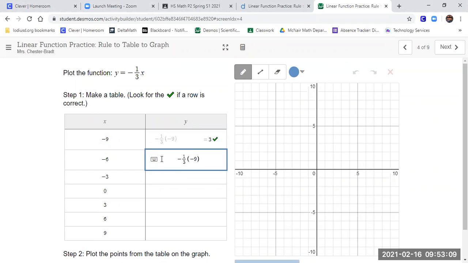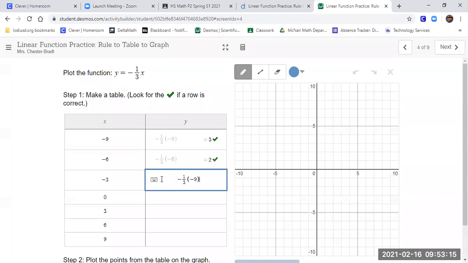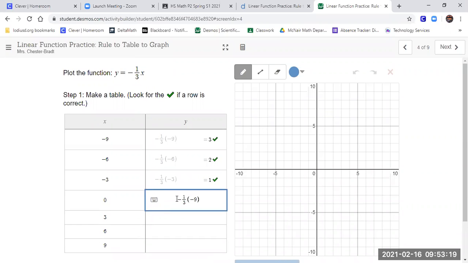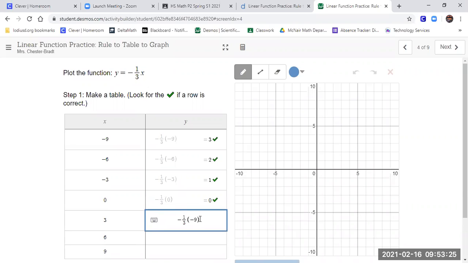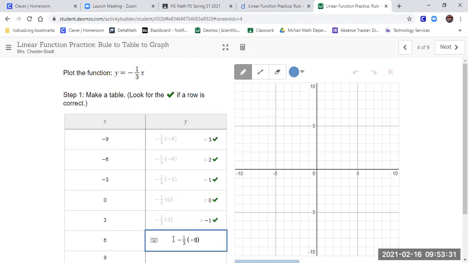And I'm going to paste it, but change from the -9 to the -6. Paste it again from -9 to -3 to 0. Just going to paste it. And once I change the x value, it gives me my check mark, which is what I want.